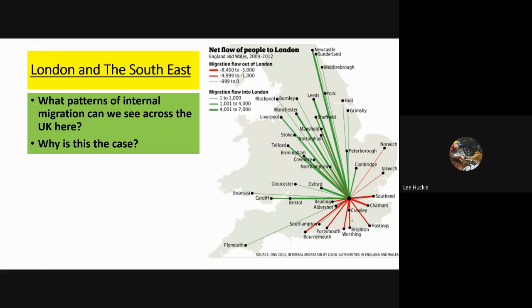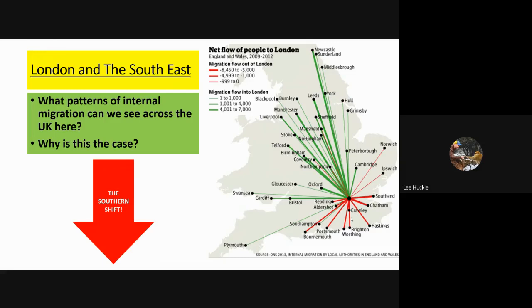And again, the thickness of the line gives an indication as to the number. So for the red line, the thicker the line, the more people are moving to that particular place from London. With the green line, the thicker the line, the more people moving to London from that place. So go back to your class notes here, look at the explanations you'd have gone through from the lesson and all the reasons that lie behind the patterns and the data that is explained on this map.